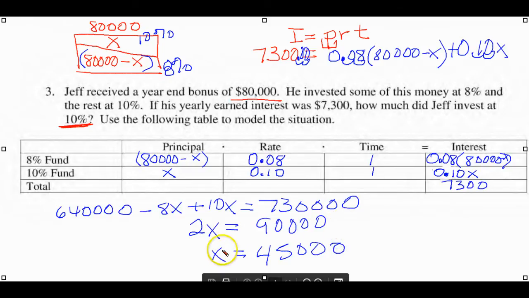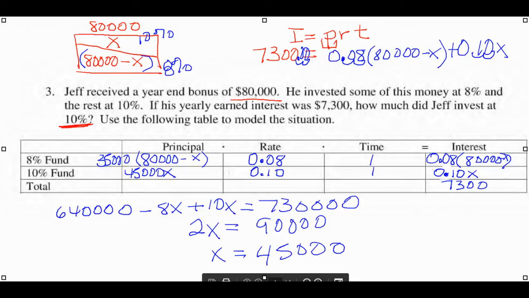Now, what did x stand for? Well, x stood for your 10%. So this is going to be 45,000. Now, they're not asking for the 8%, but you would subtract 45,000 from this and get 35,000.